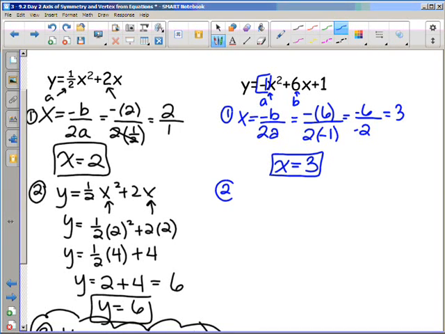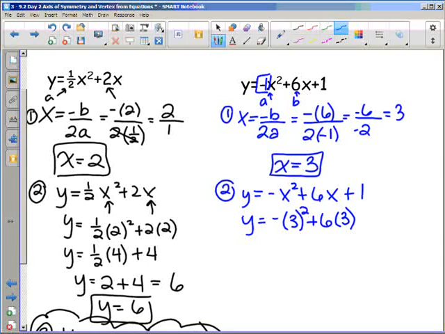Step 2 is now go back to your equation and plug it in. So I'm going to take my original equation, and I'm going to substitute 3 in for x. So I get a negative 3 squared. The negative is outside the squared because there's no parentheses around it, plus 6 times 3, because that's what x equals. Do my exponents first. 3 squared, I hope, is 9.